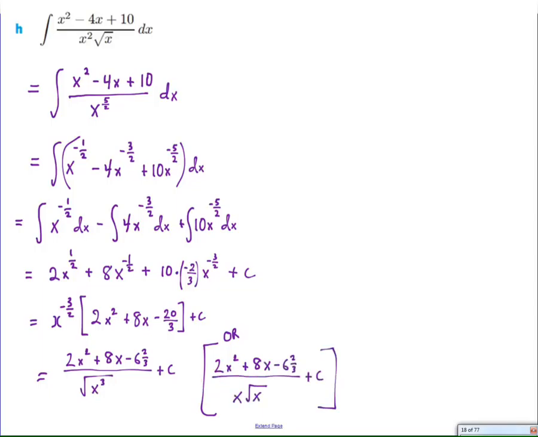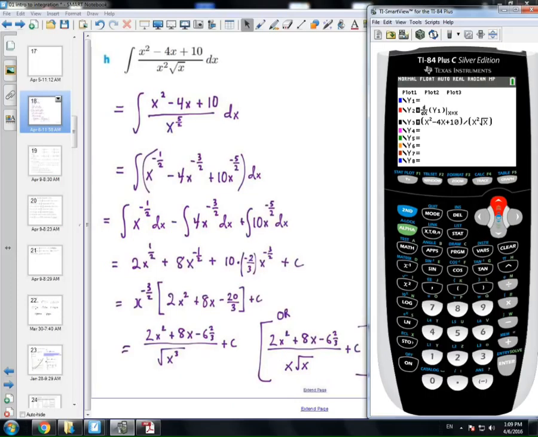So now the issue is, do I know how to check using the graphing calculator? To do that, we're going to have to take a quick look at the graphing calculator, and I want to point out a few things. Already entered in here, I have the derivative of y1. Now notice there's nothing in y1, and I also have the given function, which is actually the third statement, y3. So here's the logic that I'm going to use.